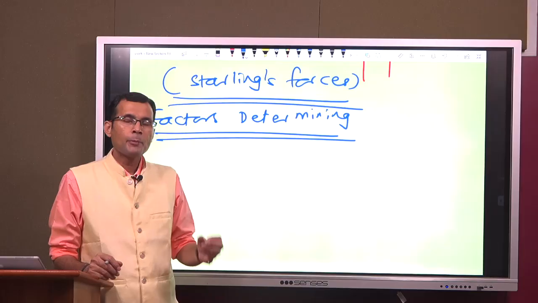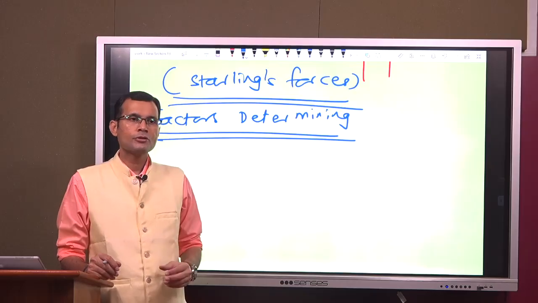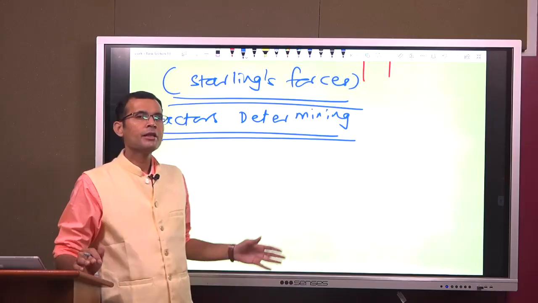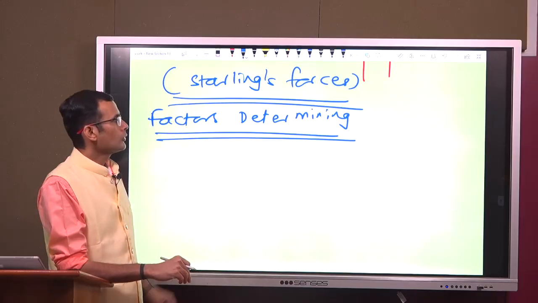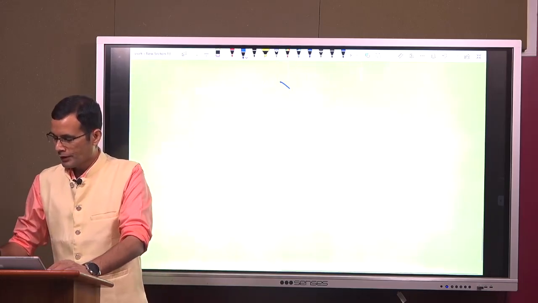One was capillary hydrostatic pressure and the other one was colloid oncotic pressure. We have done this already in the CVS.